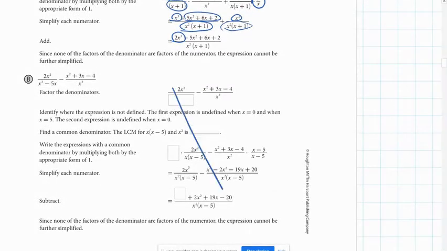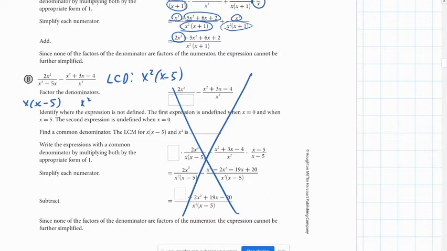Okay, so let's do the next example together. We don't necessarily have to follow their work here. Let's just do it together over on the side. So this first denominator is x times x minus 5, and the second denominator is x squared. So our LCD is going to be x squared, x minus 5. And so if I take the first fraction, that is 2x squared times x minus 5, we want it to have a denominator of x squared, x minus 5.